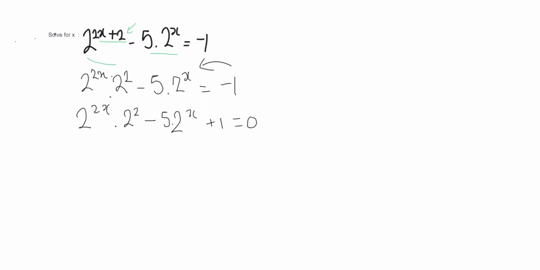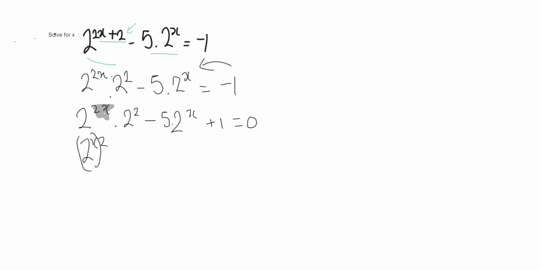Now, secondly, what can we do? I want you to take note of something. Can you see that this can be written in different formats? Isn't it that 2 to the power of 2x can still be written as (2 to the power of x) squared?